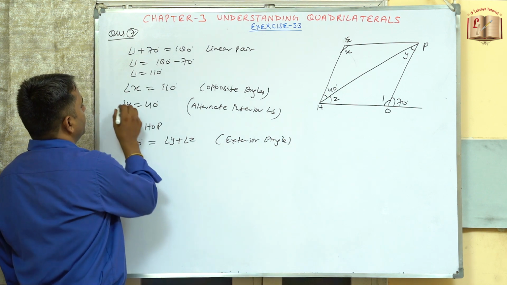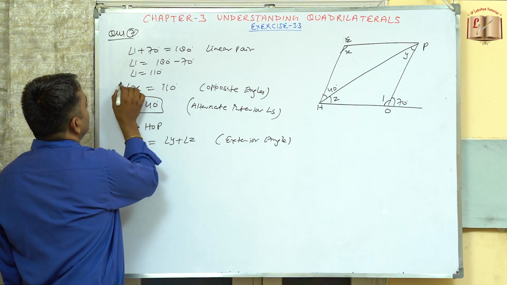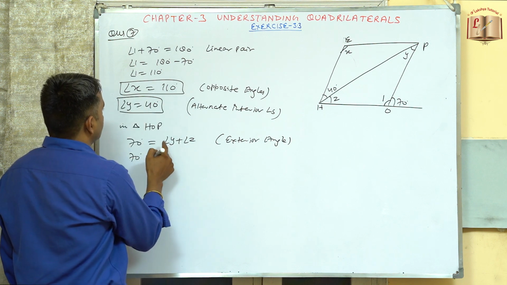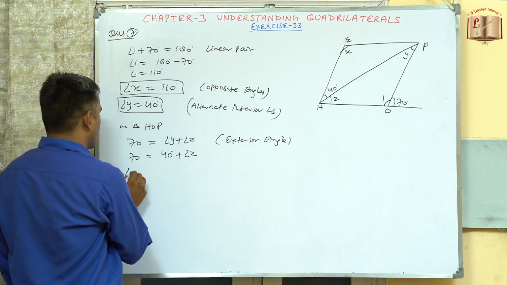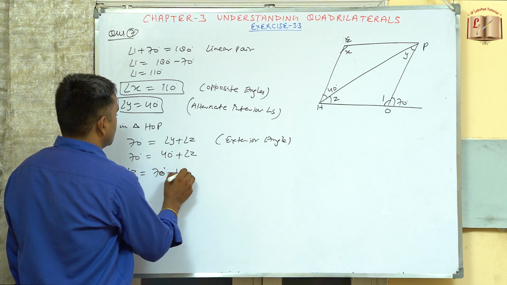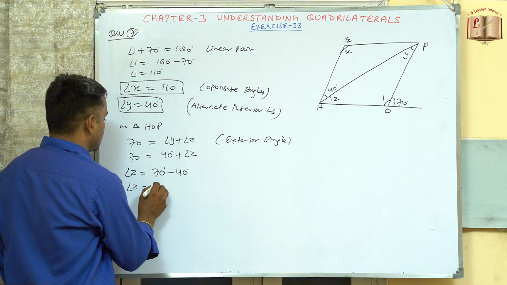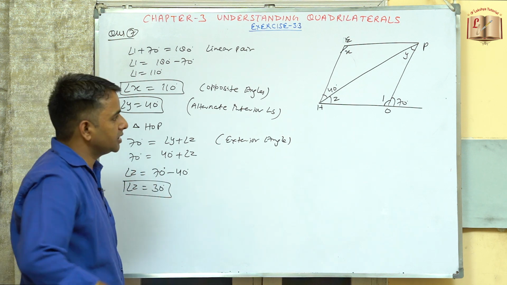We already got y, and here we got angle x. So 70 degrees is equal to angle y, y is 40, plus angle z. So we got angle z as 70 degrees minus 40 degrees. So we got angle z as 30 degrees. So we got all the angles.